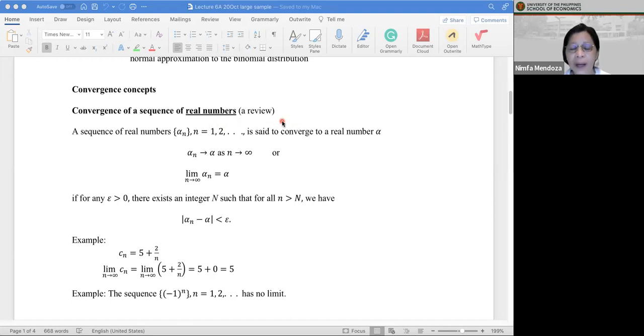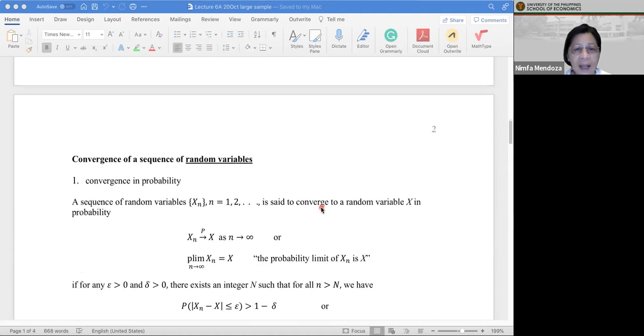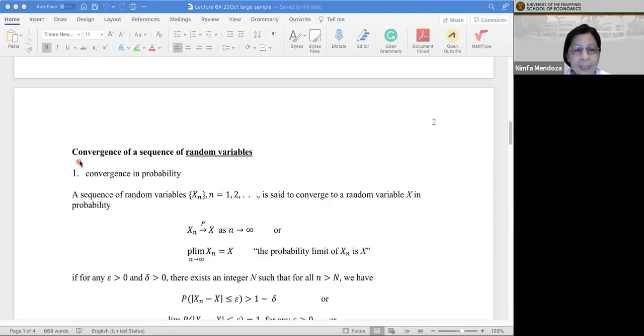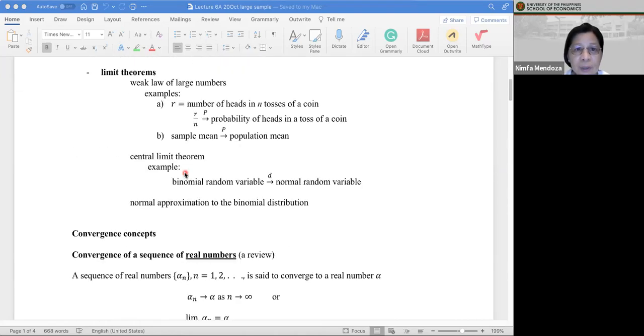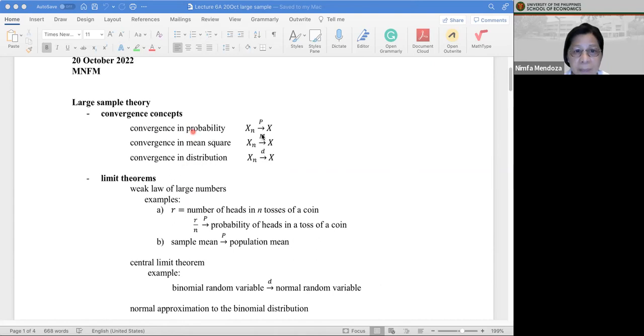That would just be a review of your earlier calculus class. And then try to absorb the concept of convergence, particularly convergence in probability. Just the first step here, so you won't be overwhelmed.